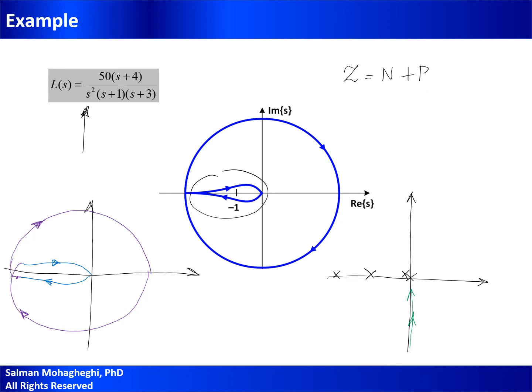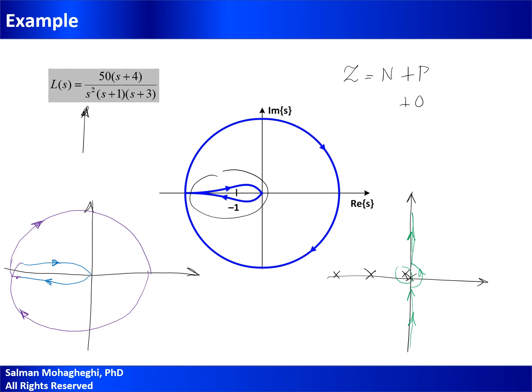So I came here and then I skipped them and continued my trajectory. Because of that, I do not consider these 2 poles among the unstable poles. So I would say I have no poles in the right half plane.